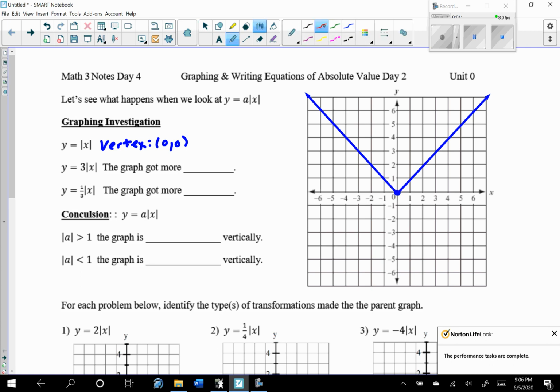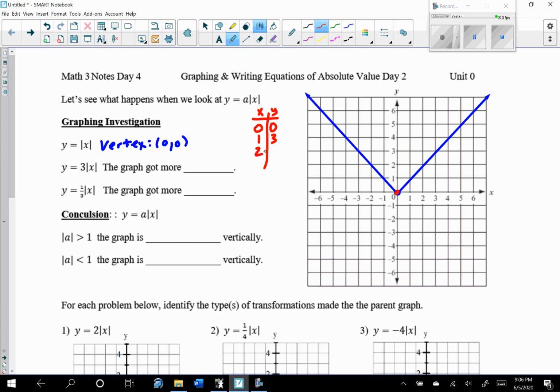So now that we have our parent graph, we can go ahead and look at our next graph. So y equals 3 times the absolute value of x. If we make an x and y table to help us graph, let's start off with 0. The absolute value of 0, times 3, would be 0. Then when we do 1, the absolute value of 1 is 1, times 3 is 3.